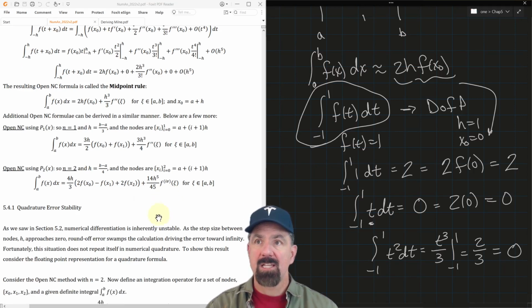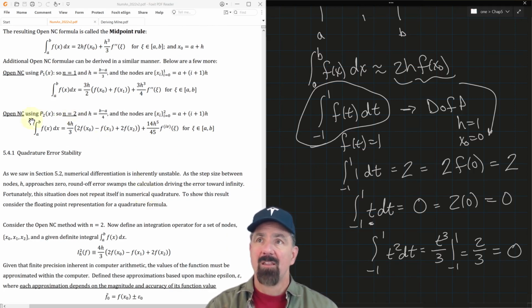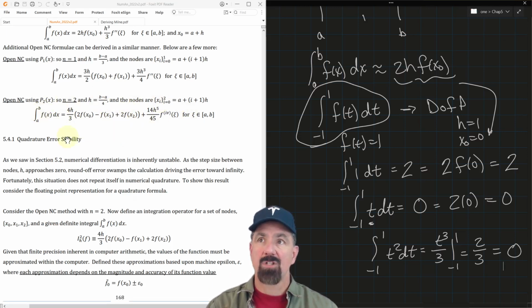Continuing on then, let's take a look at this method here, which is using the parabola. We're going to discuss that in detail. So before we have that conversation, I just encourage you to read the quadrature error stability conversation, which basically tells us the opposite of what we see in numerical approximation error.